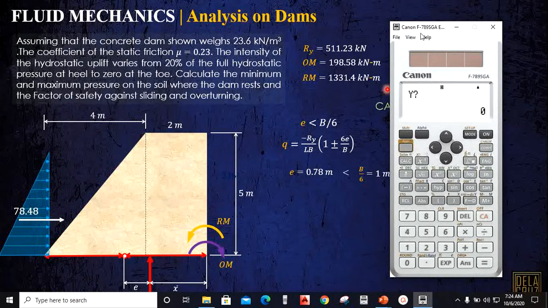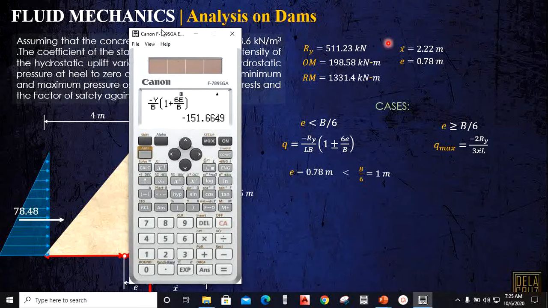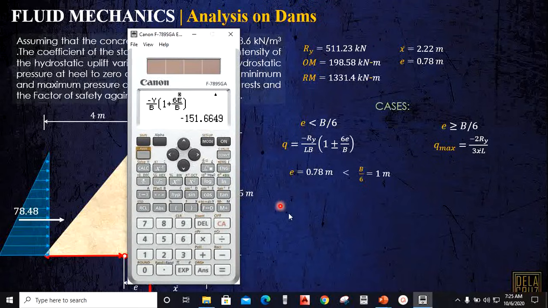So Ry represents our Y. Y represents Ry. So 511.23. And then B is the base, that is 6 meters. And E is 0.78. Okay, so we have this maximum pressure, plus. It is negative because the soil only resists compression.